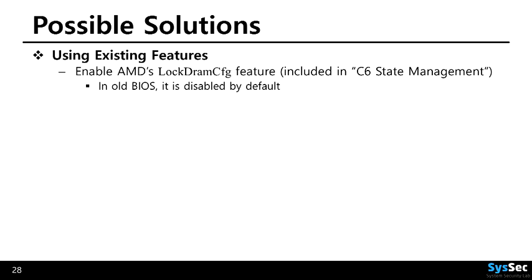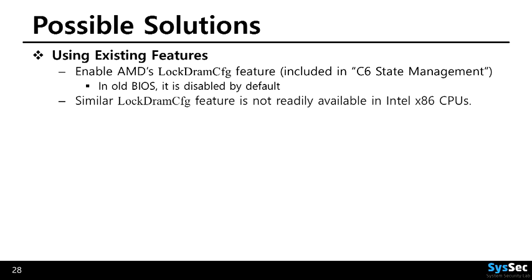So some recent systems are not vulnerable to PIkit. But in old BIOS, the option is not a default. So these old systems are still vulnerable to PIkit. And in the case of Intel, they don't have any options to lock down the DRAM configurations.